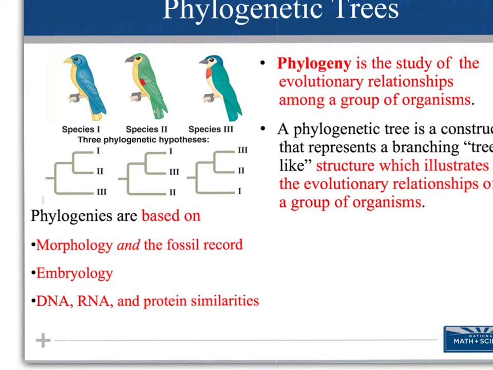They're based on morphology, which is structure, and also the fossil record. So we base them on morphology and the fossil record. We also base them on embryology and DNA, RNA, and protein similarities.